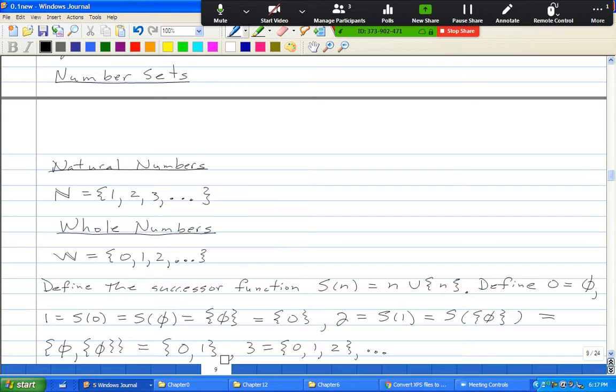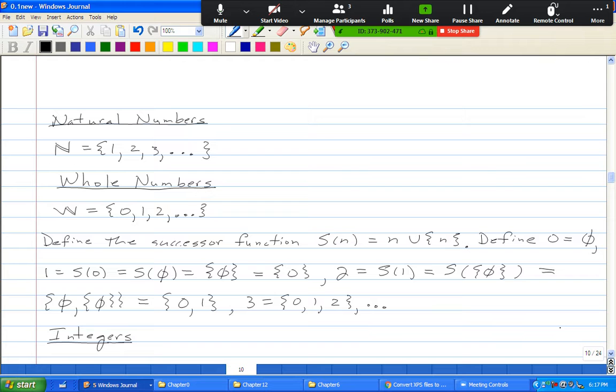So it's just the set containing 0 and 1. By analogy, 3 must be {0, 1, 2}, 4 must be the set {0, 1, 2, 3}, etc. So you can define in this fashion the set of whole numbers by way of sets.